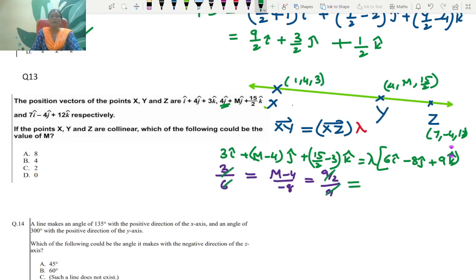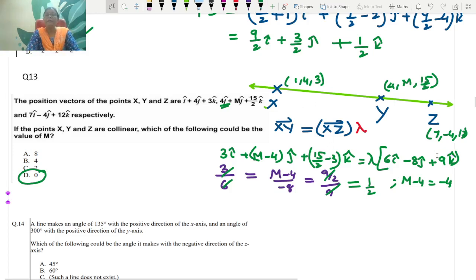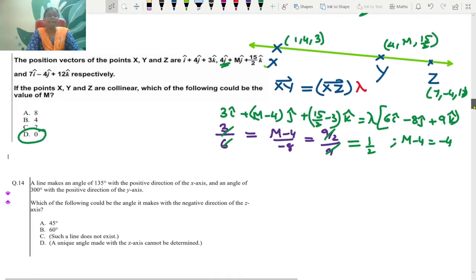So this will be equal to 1/2, so you have the value of m minus 4 is nothing but minus 4, so m comes out to be 0. That is the j component of the position vector of y. Fine, so that is the value of m.